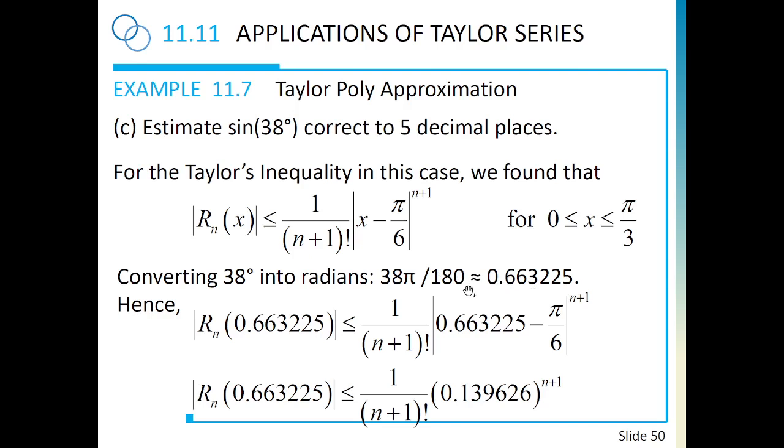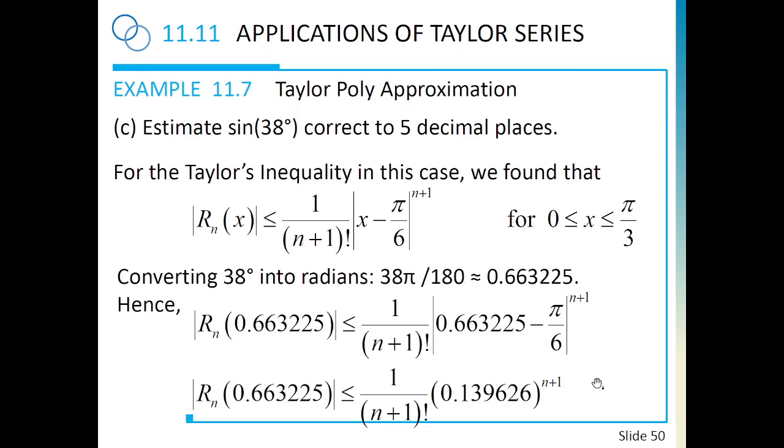So the error for x equal 0.663225, we replace x by this expression, we plug it in, and x minus pi over 6 gives us this value here. Now we need to get an approximation correct to 5 decimal places.